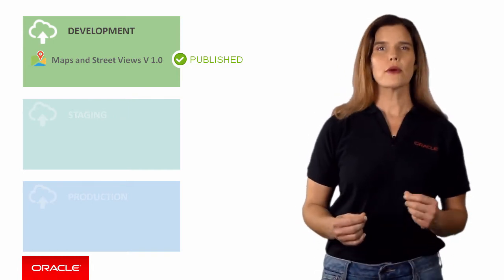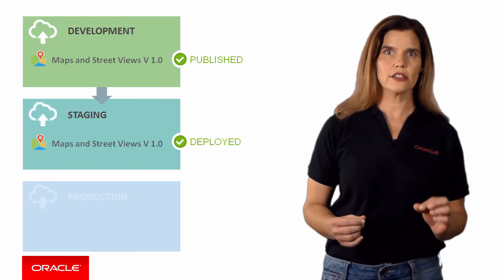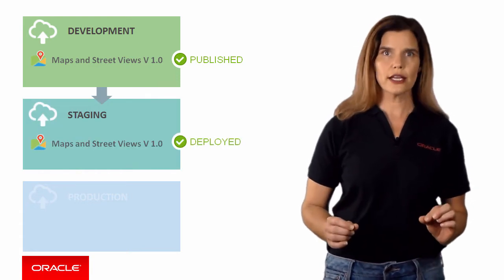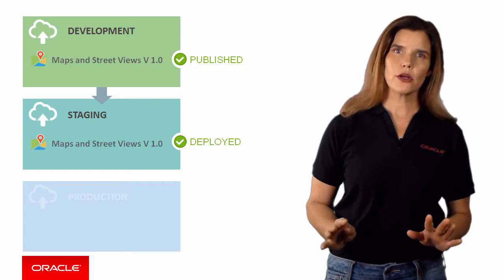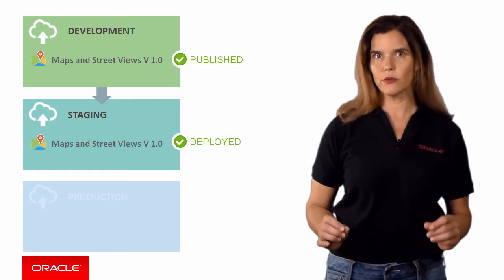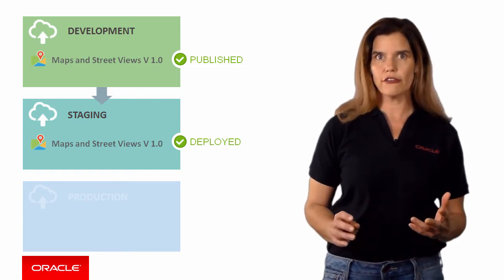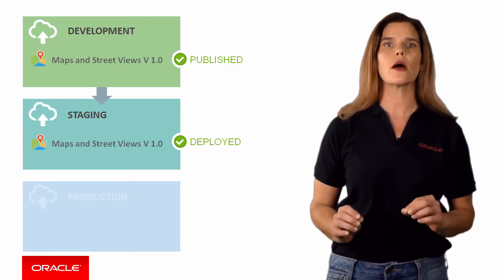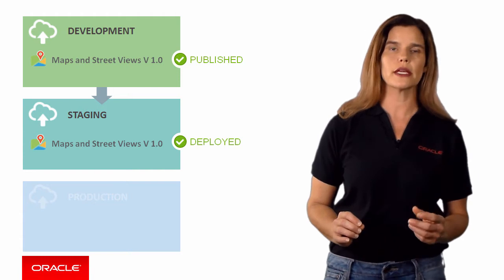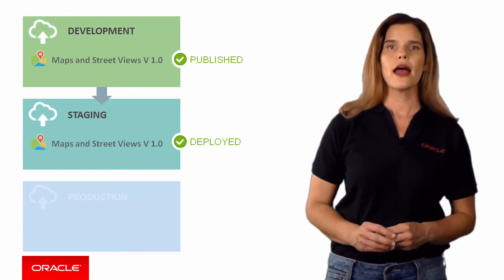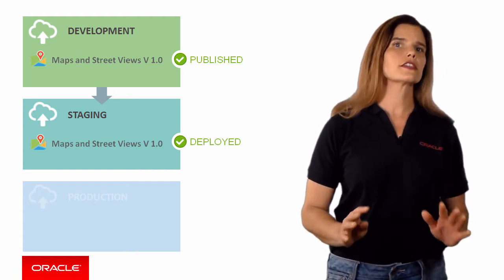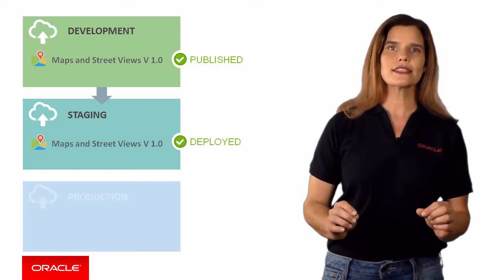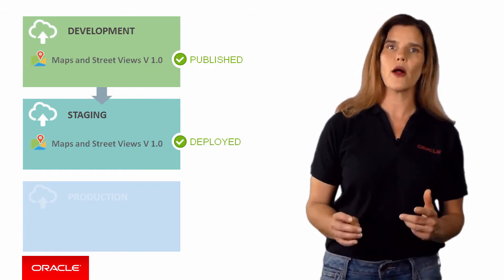When you're ready, the mobile administrator deploys the asset to the staging environment where your QA team can test it. During deployment, MCS will flag any potential deployment issues, such as version conflicts or missing implementations, giving the mobile administrator an opportunity to cancel the deployment and fix any issues. After the asset is deployed to the staging environment, your QA team can test your assets to identify problems.